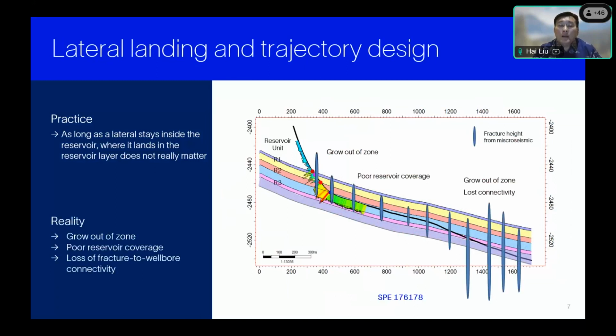However, the microseismic mapping results show that some fractures grew out of the zone, while others failed to connect all the reservoir units. This resulted in poorer than expected production. Therefore, lateral placement should not only consider geology and reservoir quality, but also take into account the anticipated fracture geometry and the stimulation effectiveness as well.